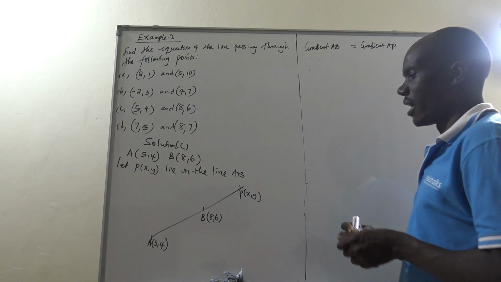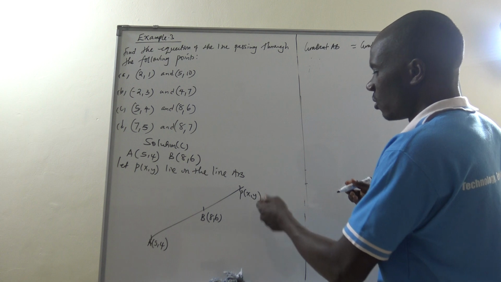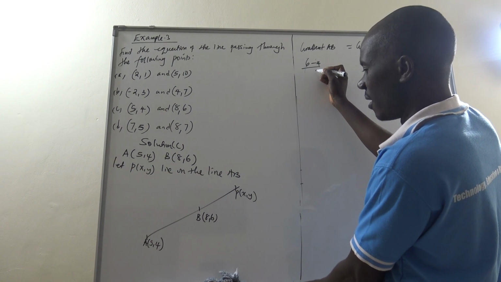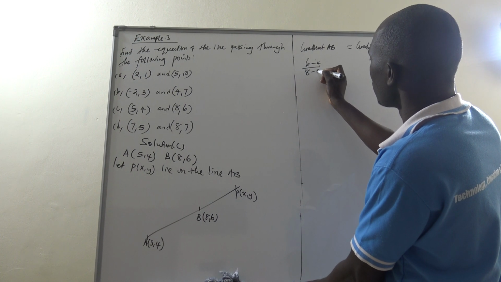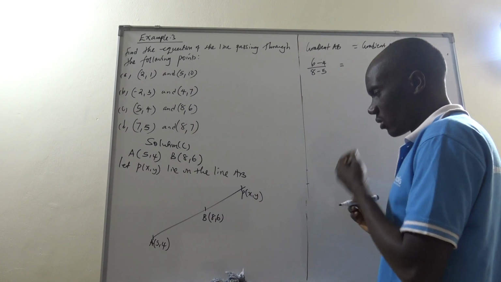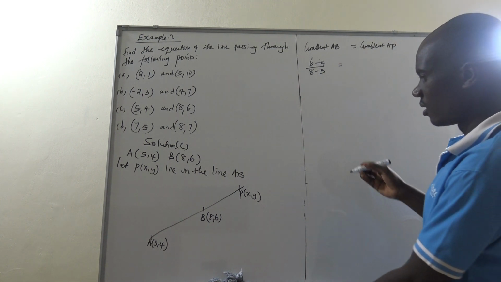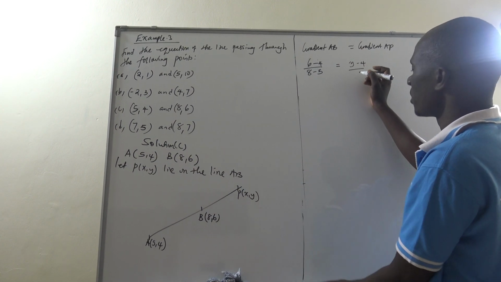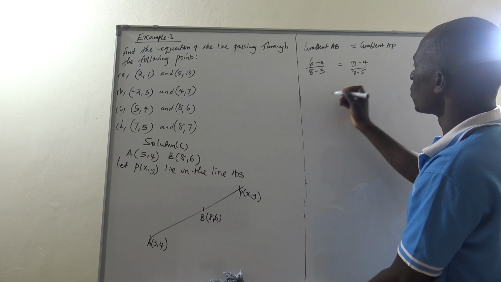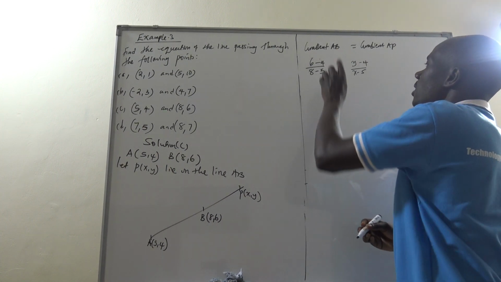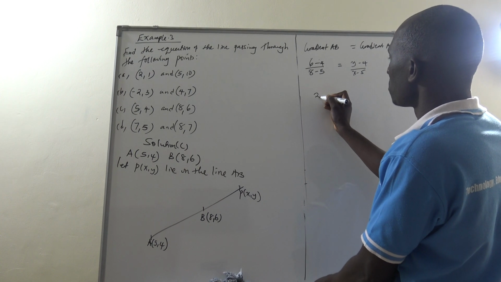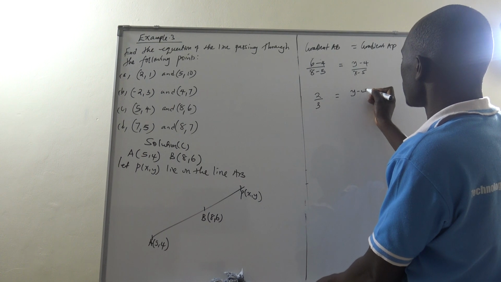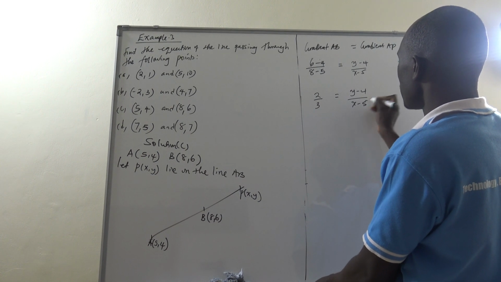It is change in y over change in x, which is 6 minus 4 over 8 minus 5, which is equal to the gradient of AP, y minus 4 over x minus 5. So can we go ahead and reduce? This one becomes 2 over 3, which is equal to y minus 4 over x minus 5.